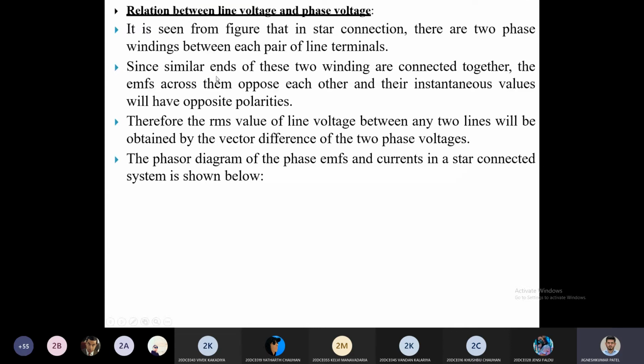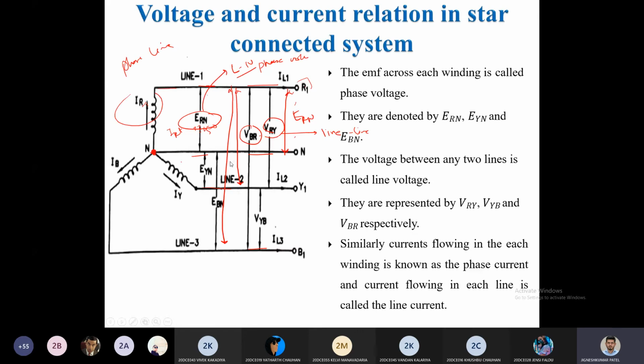Since similar ends of the two windings are connected together, the EMF across each of them opposes each other, and their instantaneous values will have opposite polarities. What does it mean? If I have this ERN, and this is EYN, the neutral terminal is this.